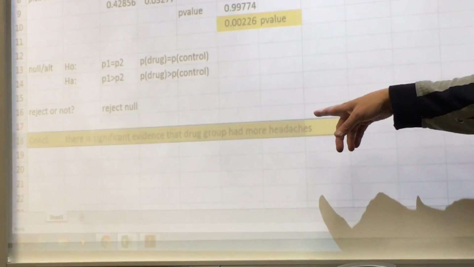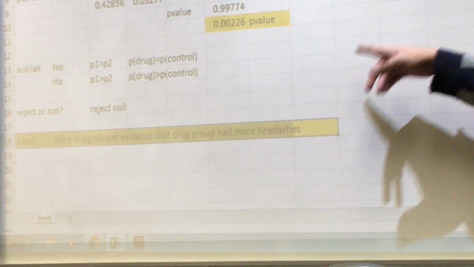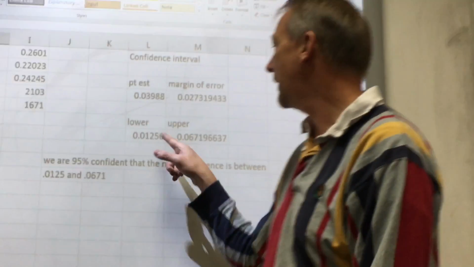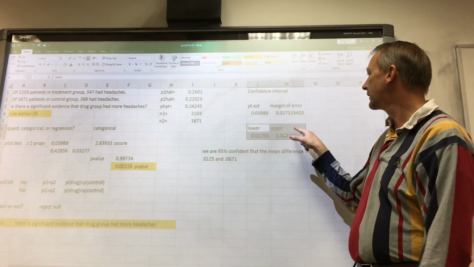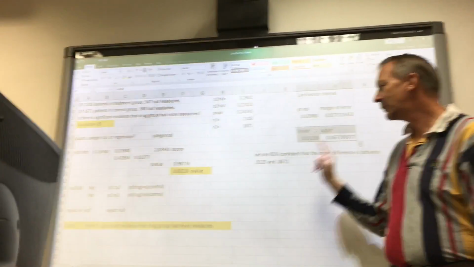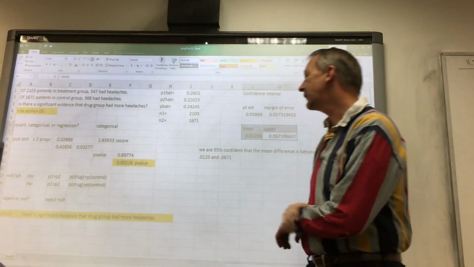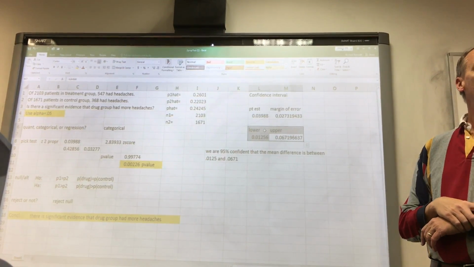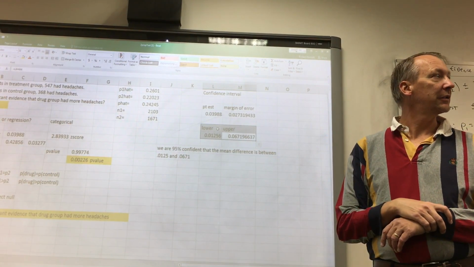So these actually agree. Based on this confidence interval, we can conclude that there's significant evidence that the drug group had more headaches. Why is that the case?